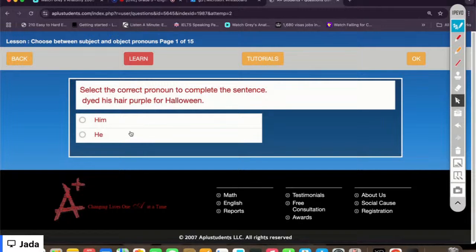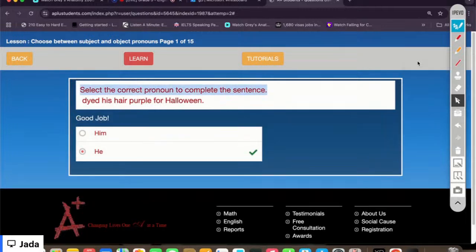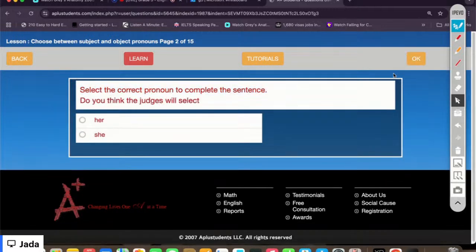Alright, so we have, he dyed his hair purple for Halloween. He, because this is a subject pronoun.